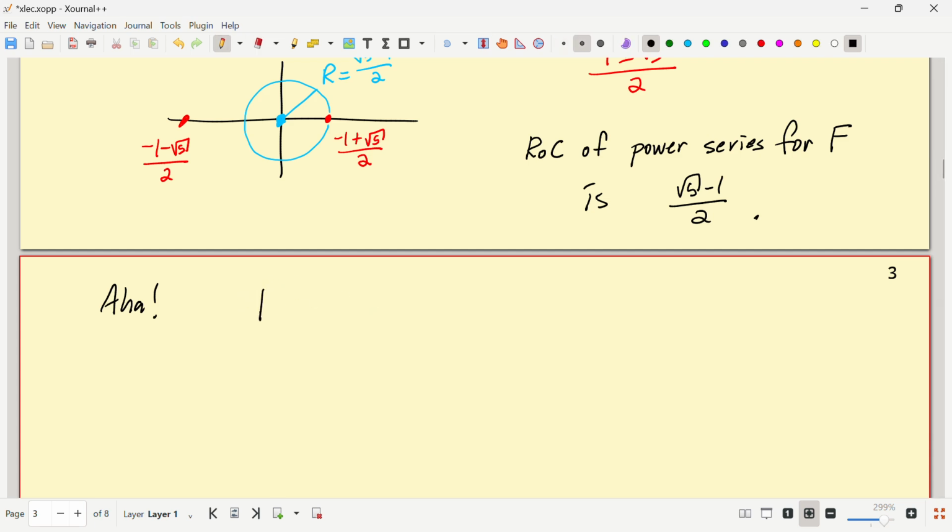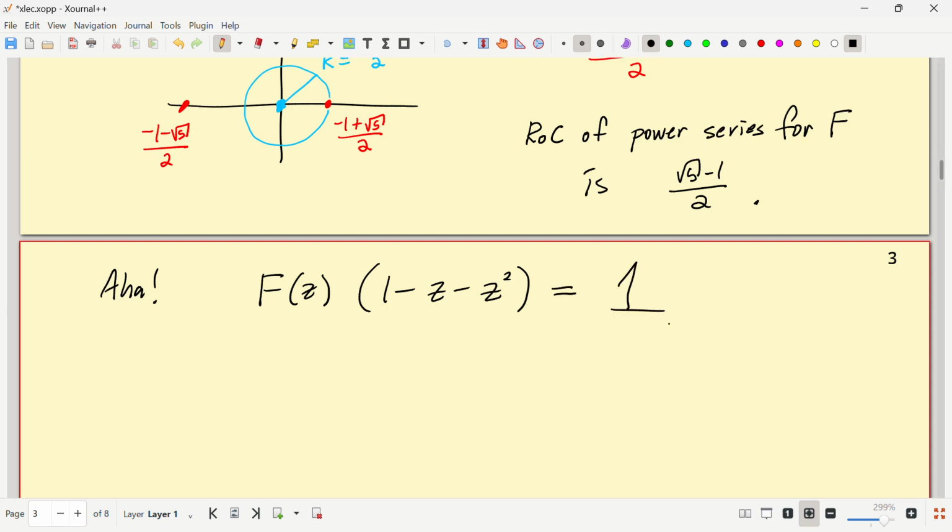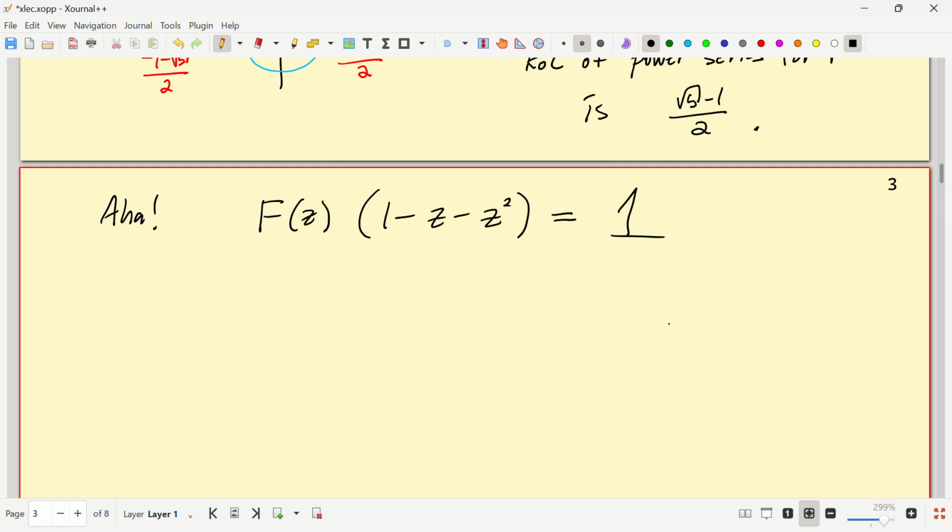I know that f of z times 1 minus z squared is equal to 1. And now if I were to write out the power series, this is going to be the sum as n goes from 0 to infinity, b_n z to the n, times 1 minus z squared equals 1.